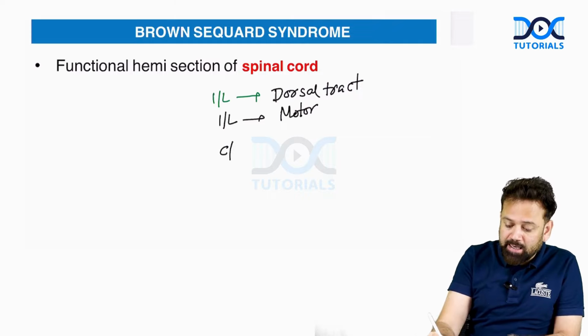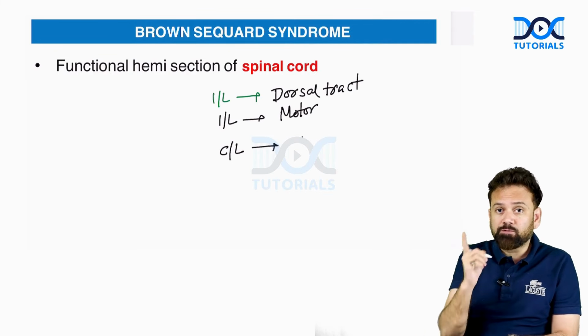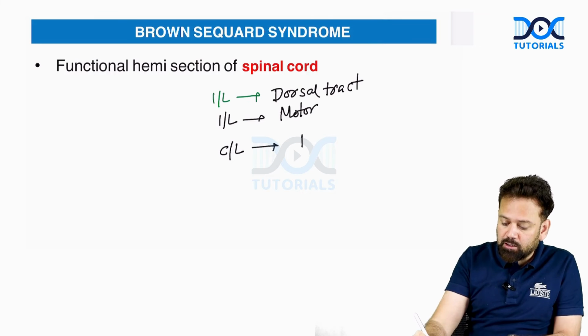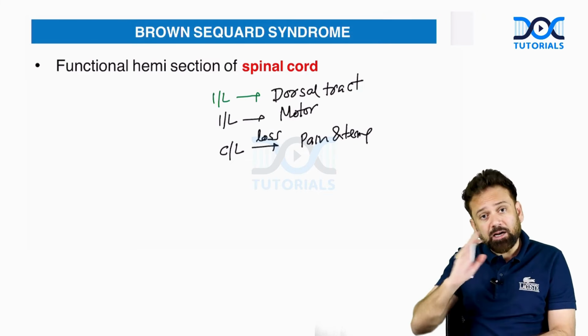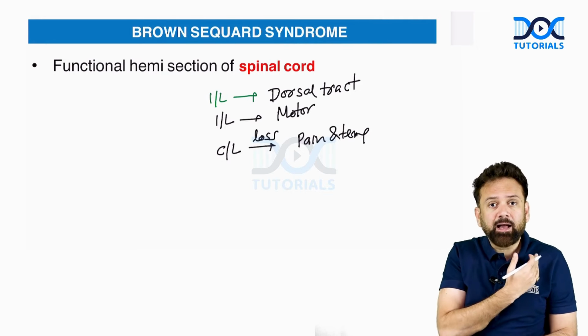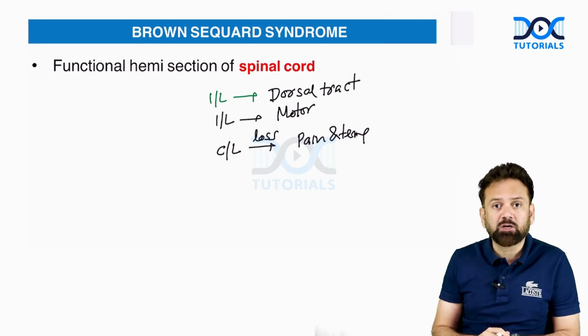But contralateral problem in the anterolateral tract, because we know they were crossing in the spinal cord. So pain and temperature will be lost on the contralateral side. Rest all can be lost from the ipsilateral side, as well as motor will be lost from the ipsilateral side. It is called Brown-Sequard syndrome.